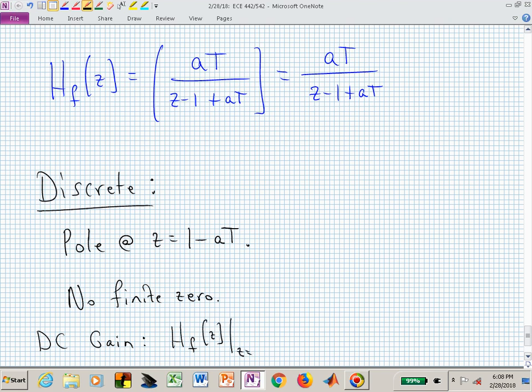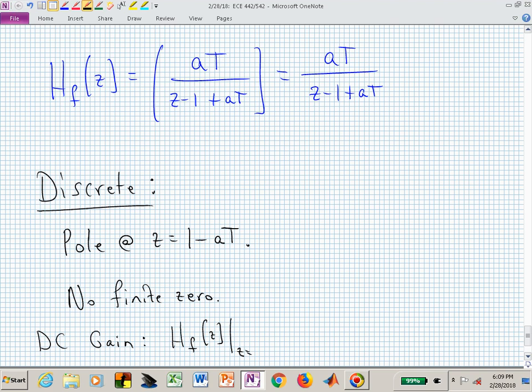And what value of z do we use to find the DC? I told you, but were we listening? Where's the point in the z-plane where we would evaluate something to find the DC gain? And if you forget, just go back to z is equal to e to the sT, and then you hopefully never will forget what s is. s equal to 0, e to the 0, 1.